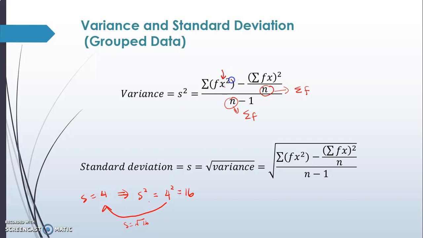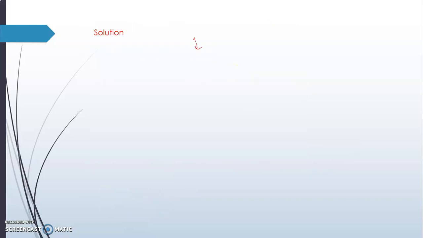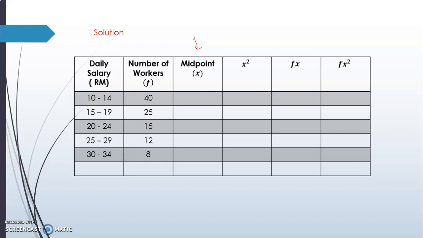Total of f multiplied with x square. So we need the x square, and then we need the f times x for this one here, and then we need the f multiplied with x square. So in your frequency table, you must have these 4 values. Number 1 is x, the midpoint, and then you need the x square, and then fx, and the last one is fx square.